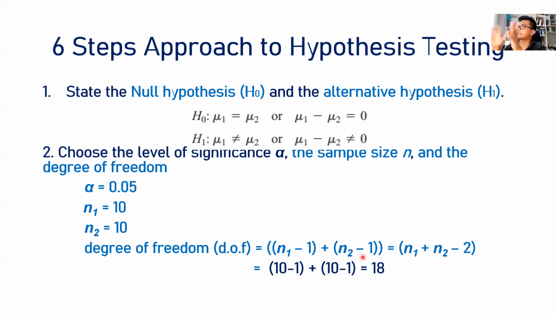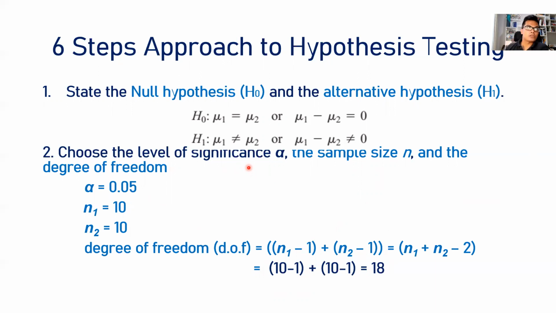Then the degrees of freedom equals 18. Therefore the result of step 2: significance level is 0.05, sample size 1 is 10, sample size 2 is 10, and degrees of freedom is 18.